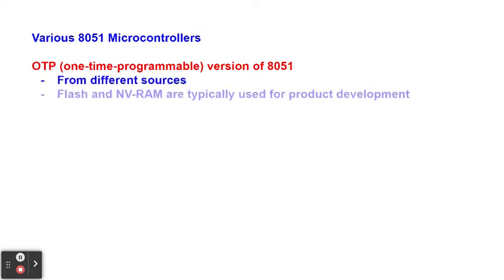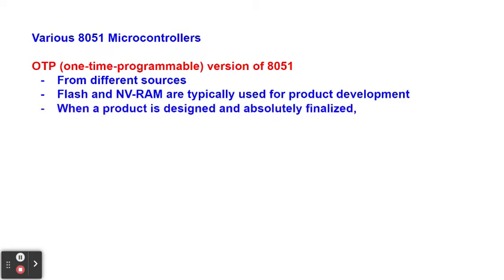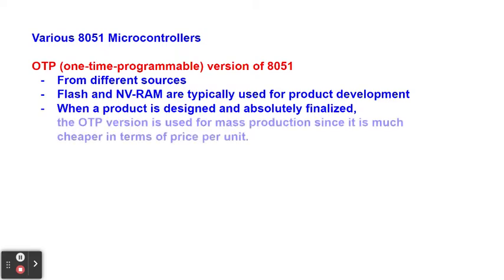Another one is what we call the OTP, or one-time programmable, version of the 8051. These are available from different sources, and its Flash and NVRAM versions are typically used for product development. When a product is designed and absolutely finalized, the one-time programmable version is used for mass production since it is much cheaper in terms of price per unit.